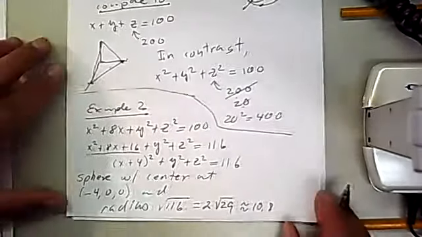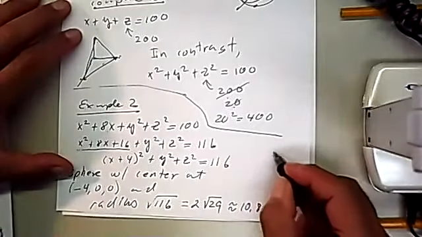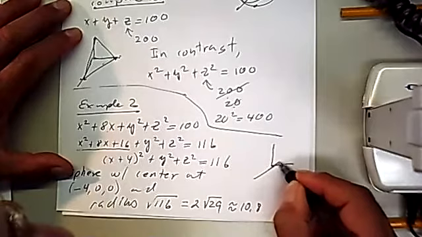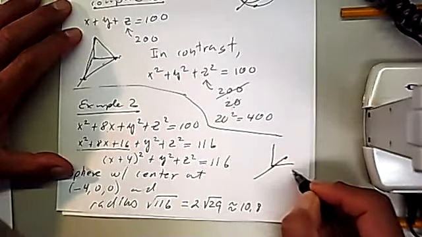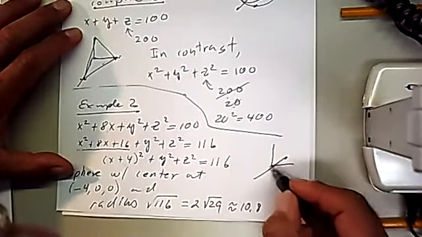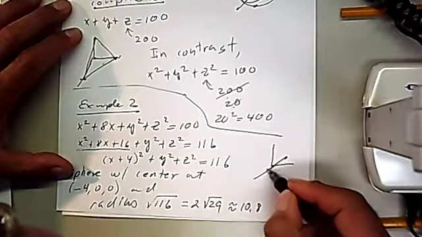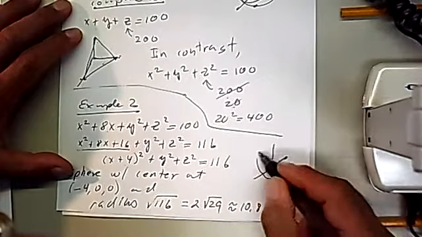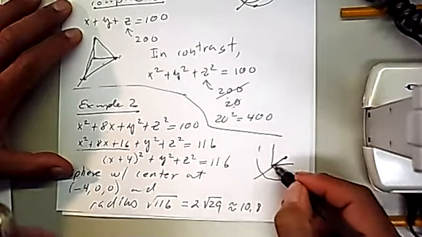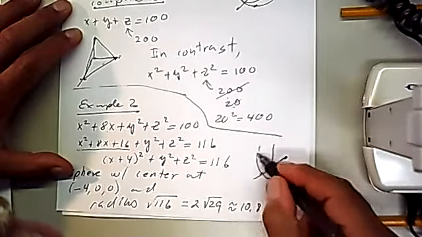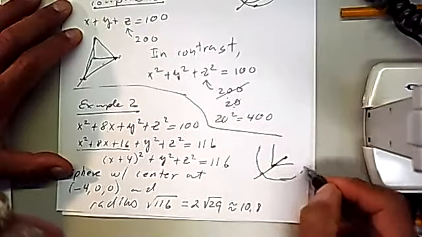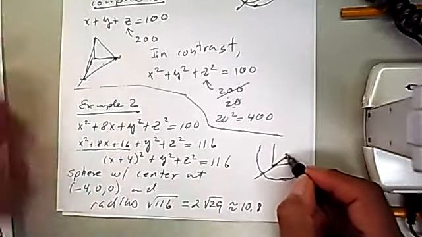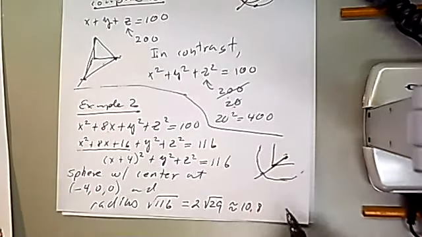So we have a sphere that is centered back here at -4, and the radius exceeds 10, so that's a pretty large sphere. If this is 4, then there's about 6 more units this way because the total radius is 10. So there's a big sphere which is not centered at the origin, it's centered back there.